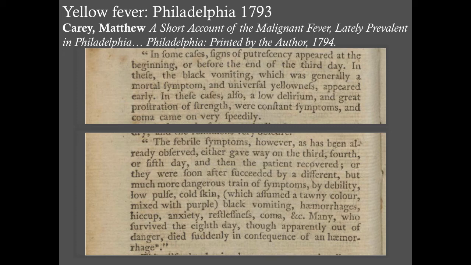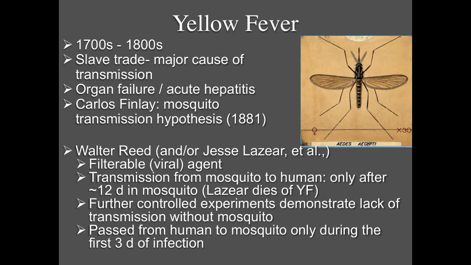This disease remained a problem even in the United States for quite some time as sanitation became better. It began to subside a bit, but especially in the South and port cities like New Orleans, yellow fever remained a problem for some time. A lot of this involved importation of mosquitoes.